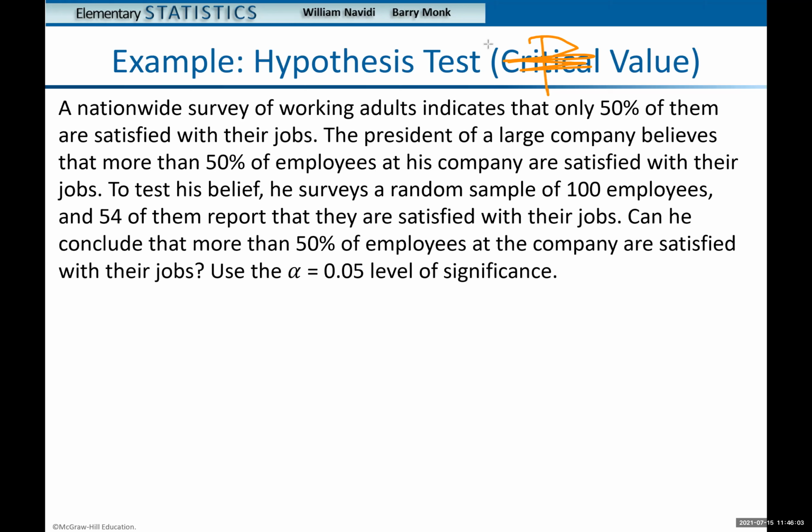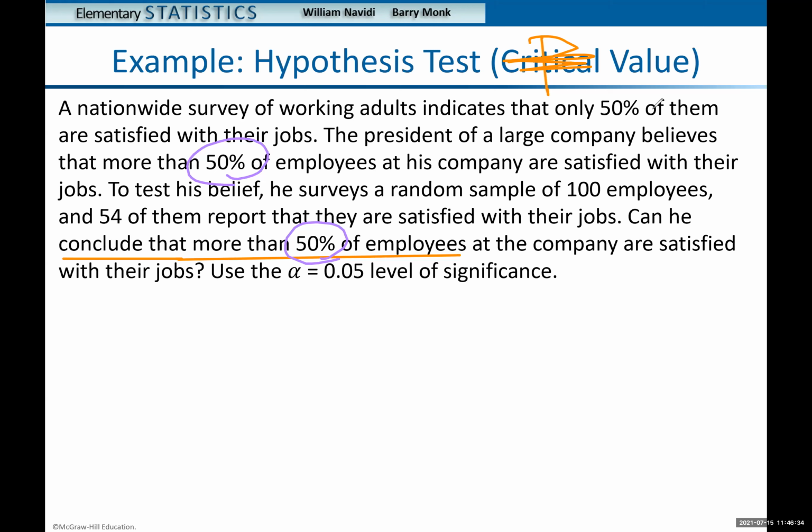So based on the question here, can he conclude that more than 50% of the employees at the company are satisfied with their jobs? It doesn't say the word proportion, if you were looking for that, but based on the problem, you can see that 50%, or even here 50%, means it is a proportion problem.